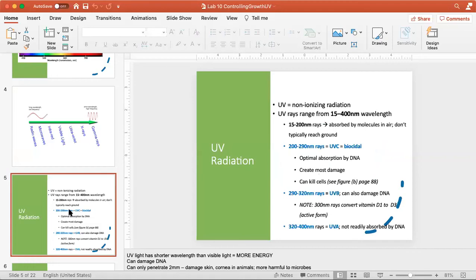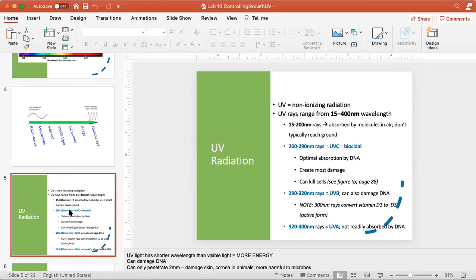The last thing we'll talk about today is the different kinds of ultraviolet, because it turns out, just like visible light has a range of wavelengths, remember we said it ranges from the purple at about 400 nanometers all the way up to the red at about 700 nanometers.